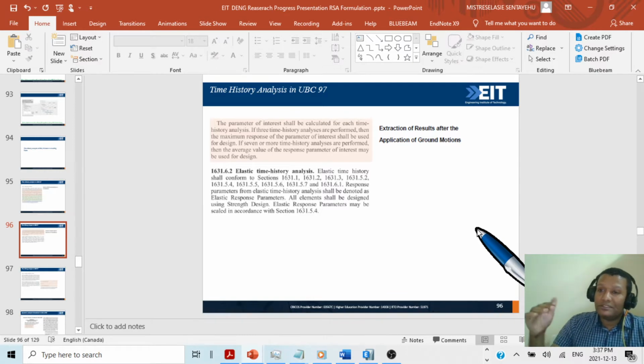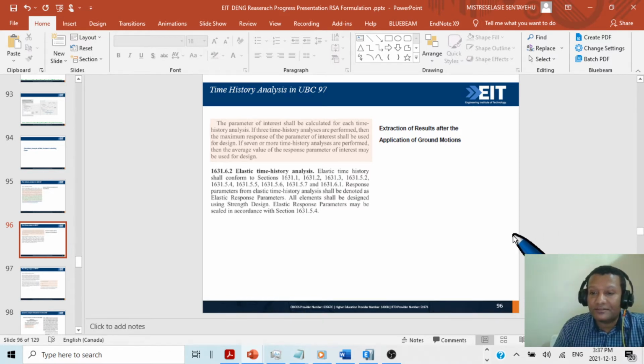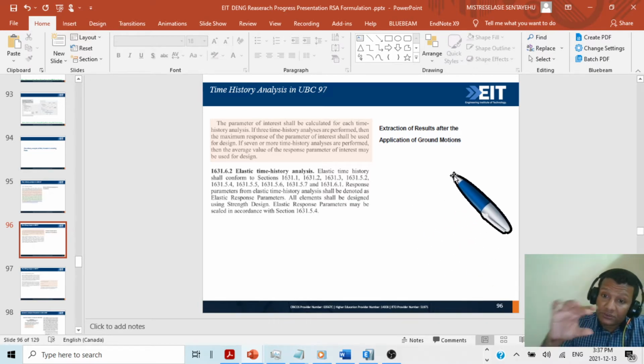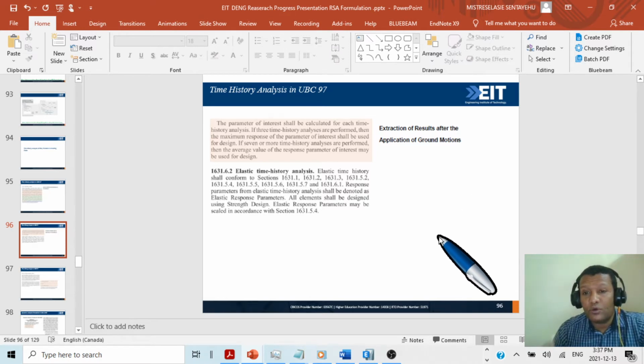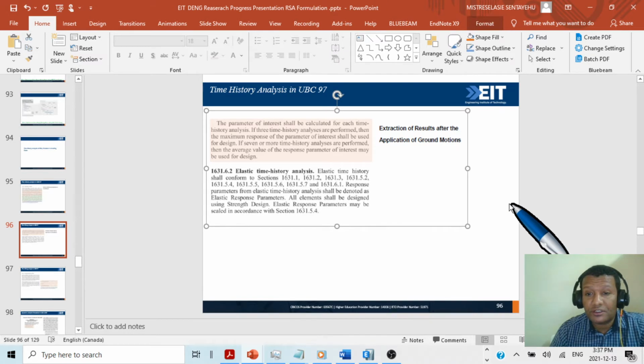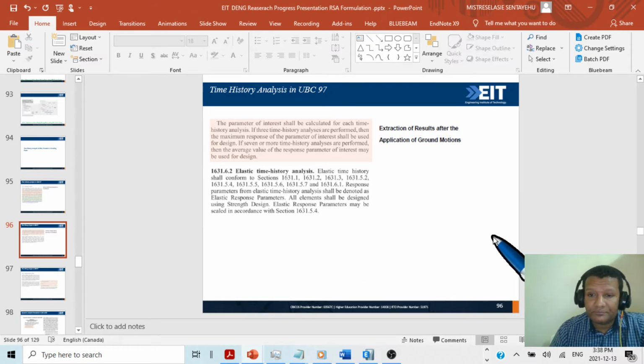So whether we are using the mean value or the matched value of the ground motion acceleration, the result is most probably the same, because we are forcing the ground motion we extracted from the PEER website into our design response spectrum, and from 0.2 second until 1.5 second, the parameter should not be less than 1.4 times the design response spectrum. So the global response or the local response of the structure most probably will be the same.